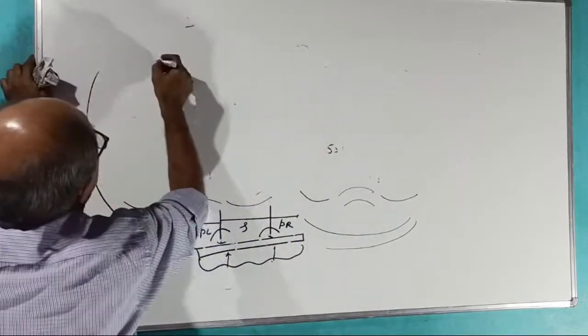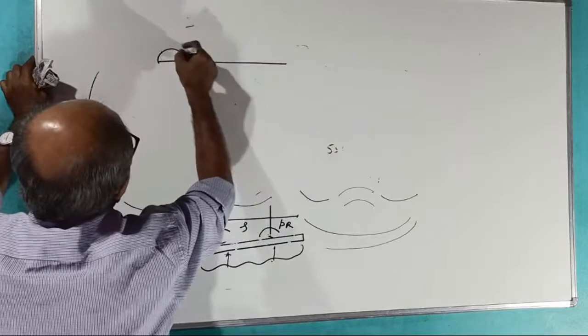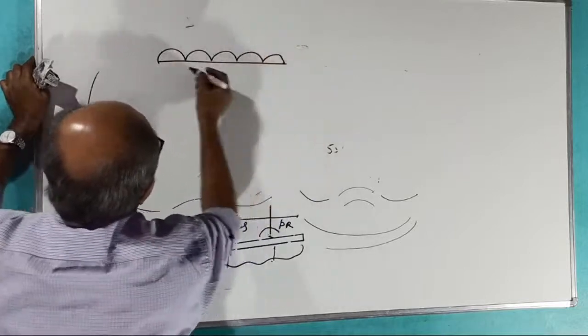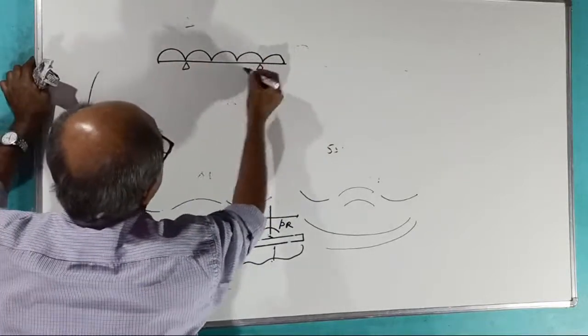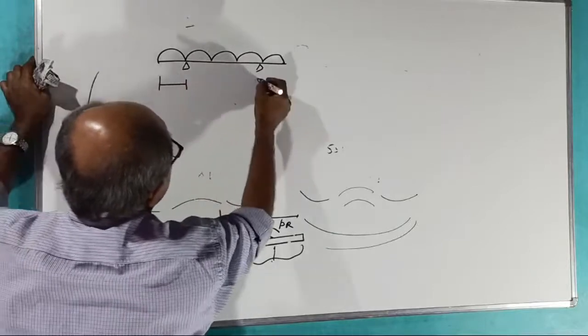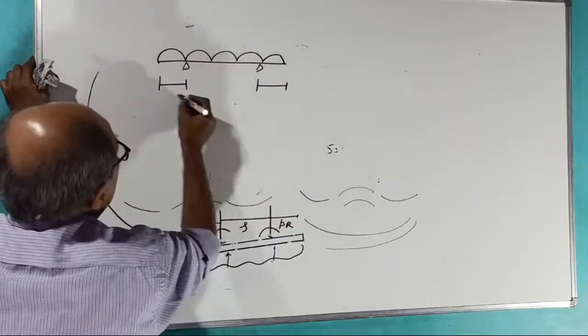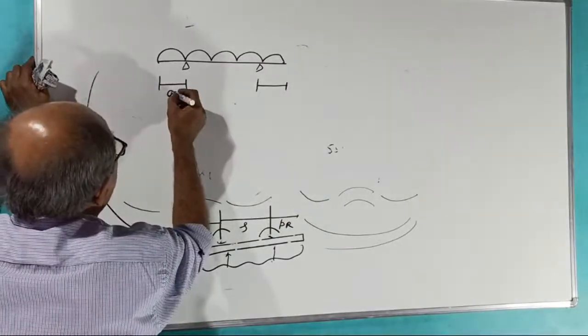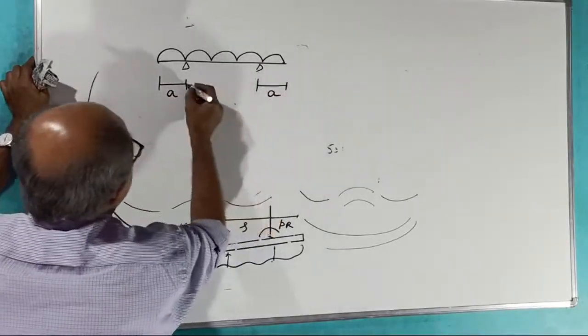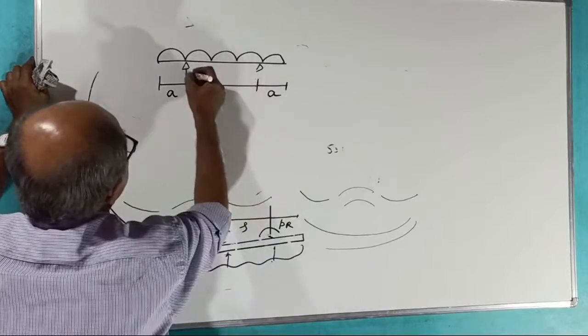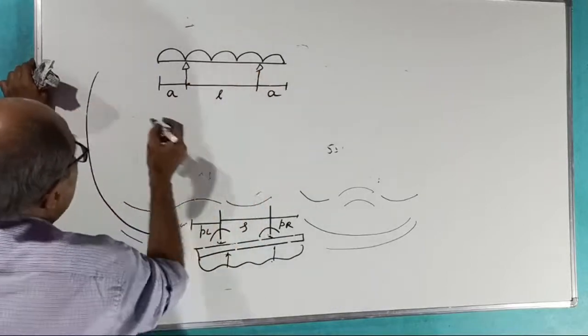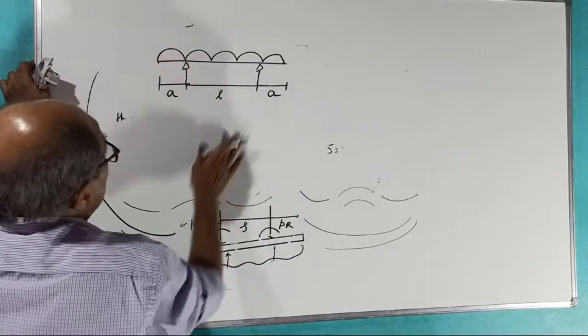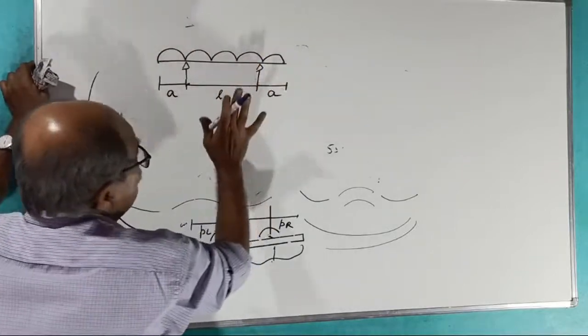In case the loading is pure UDL, and also if the projections are equal, I took the projection as A. A is the projection. Span is L. Then there are three possible BMDs for this one.